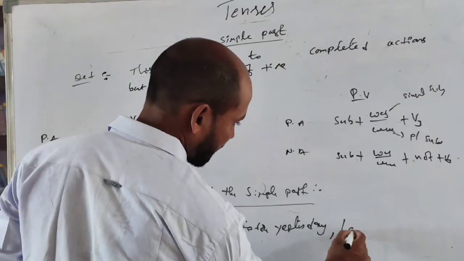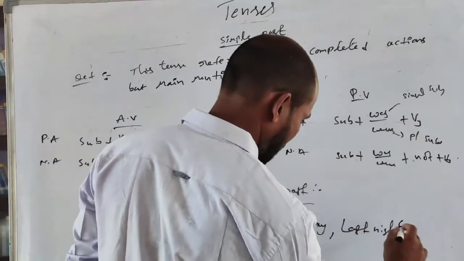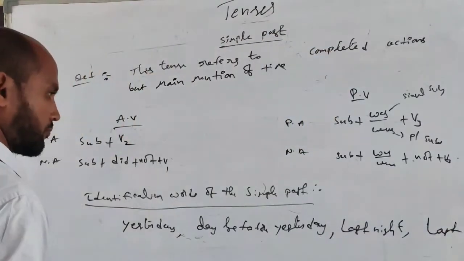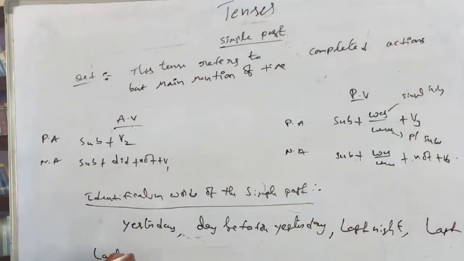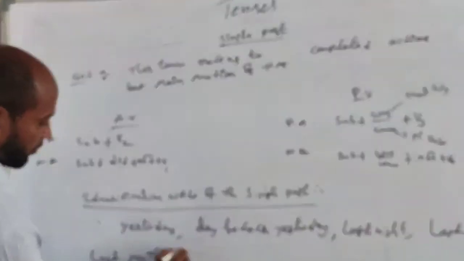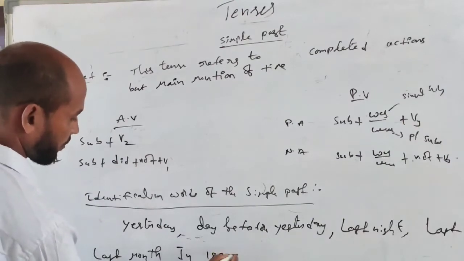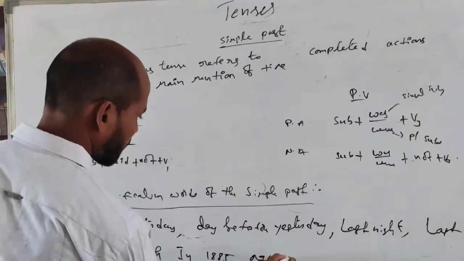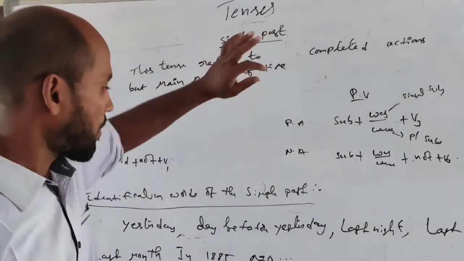Last night. Last day. Last month. In 1885. Ago. Those are the identification words of the simple past tense.